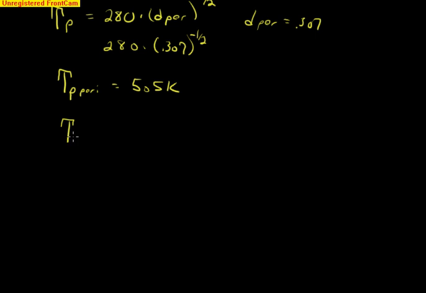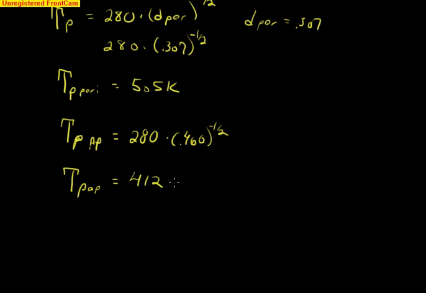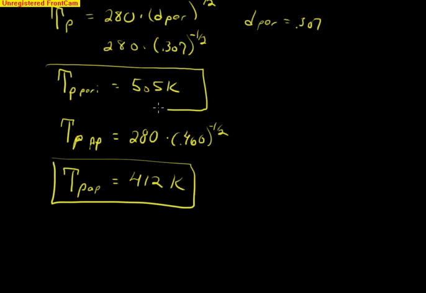And of course our temperature for the aphelion of our planet is equal to 280 times 0.460 to the -1/2. Temperature of our planet at the aphelion turns out to be 412 Kelvin. And that is close to what the slides say.